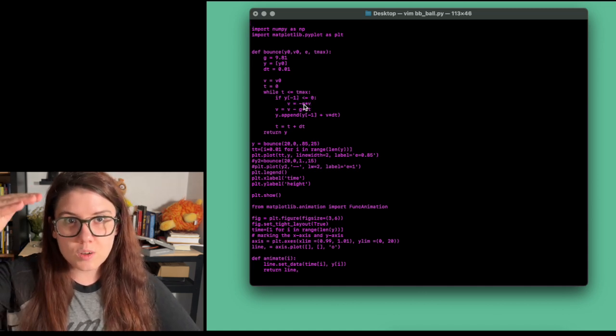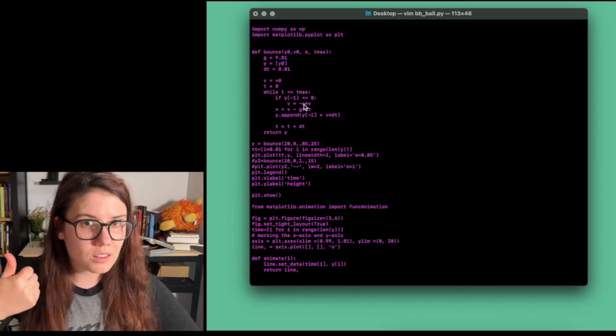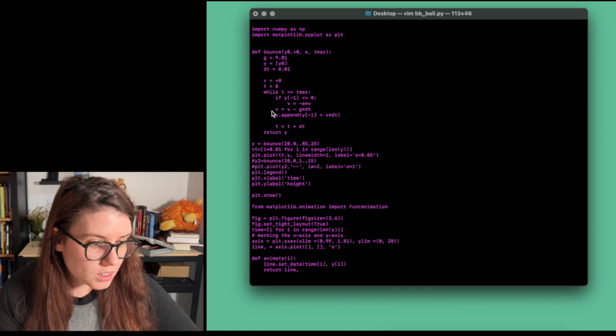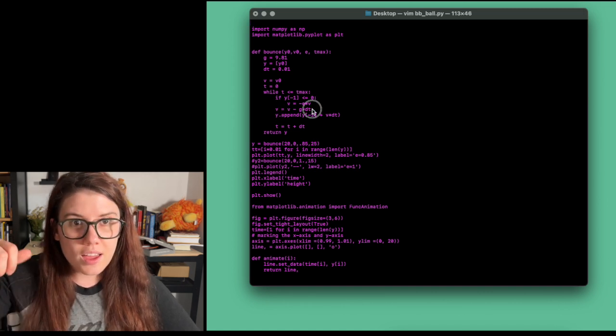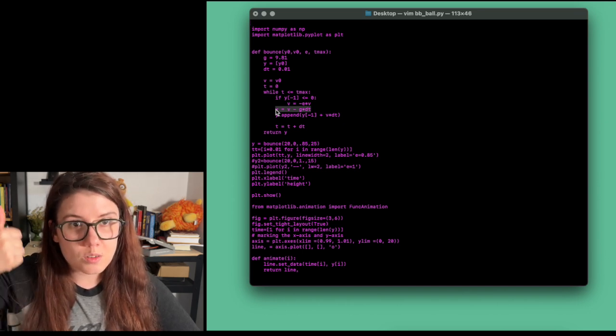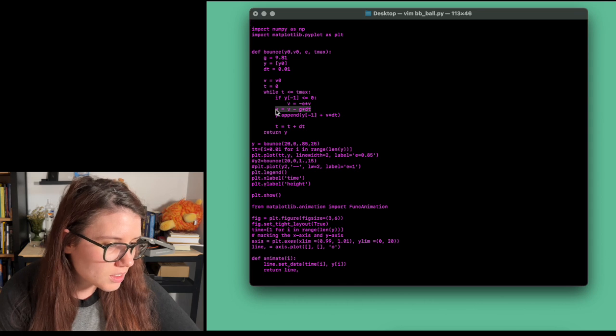So if it was going down at some velocity, it will now be going back up with a lower velocity. Then we account for the change in velocity due to gravitational acceleration. While it's falling, it's going to speed up. While it's bouncing back up, it will slow down until it reaches some 0 point, and then it will start falling again. All that good stuff.